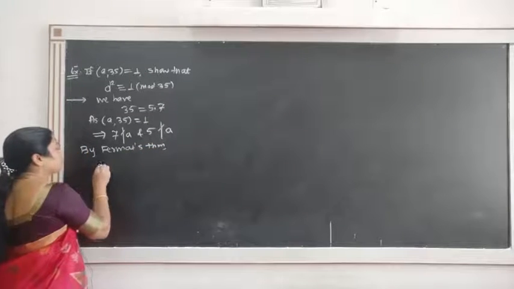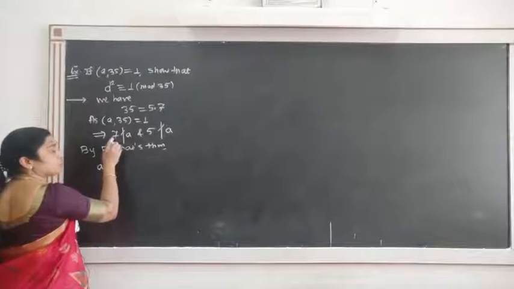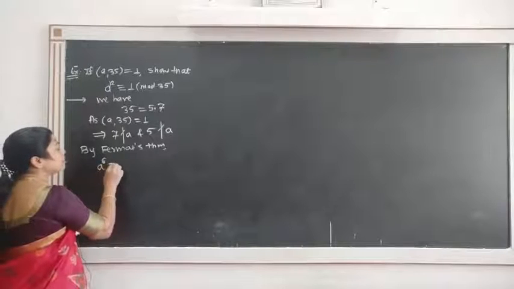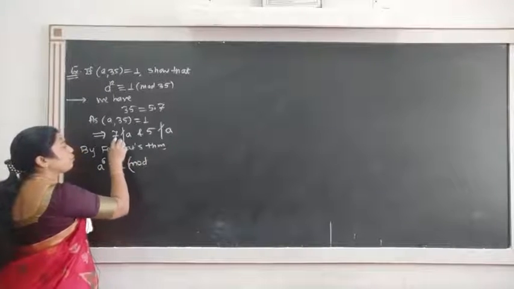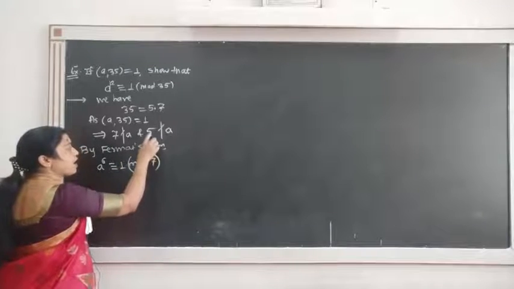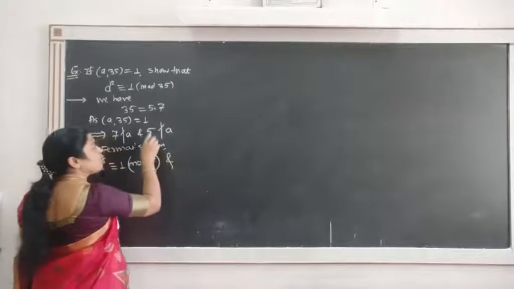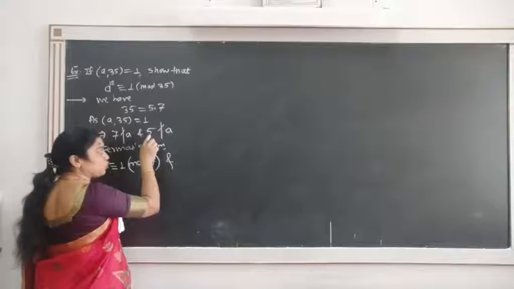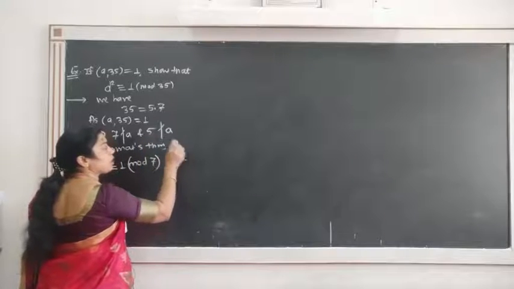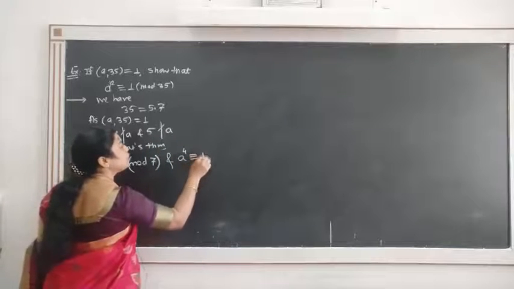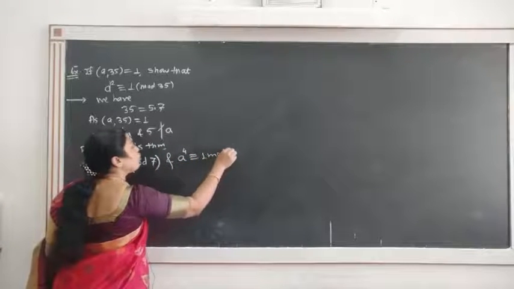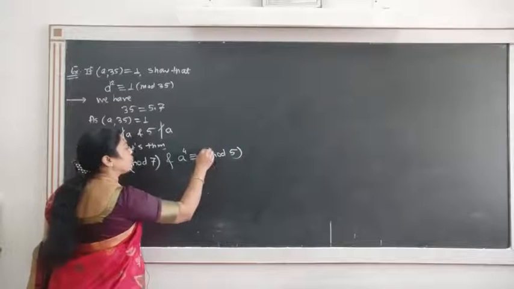A raised to P minus 1, P is 7, so 7 minus 1 is 6, A raised to 6 is congruent to 1 modulo P, P is 7. And using here, because P is prime, that is 5, and A raised to P minus 1, P is 5, 5 minus 1 is 4, it is congruent to 1 modulo P, here P is 5.